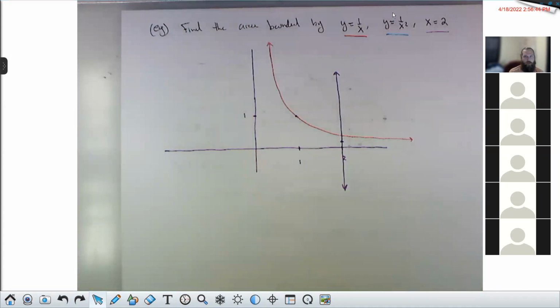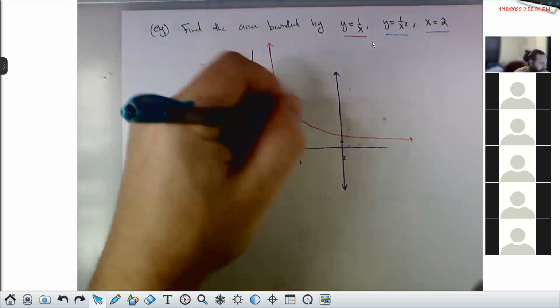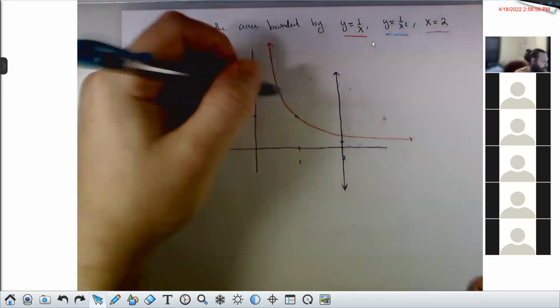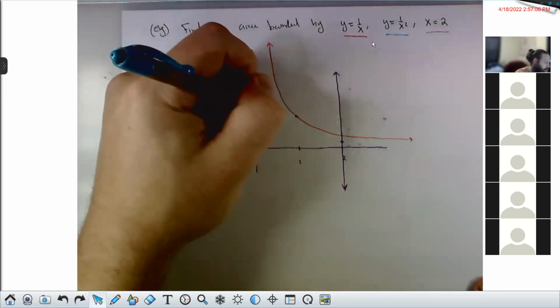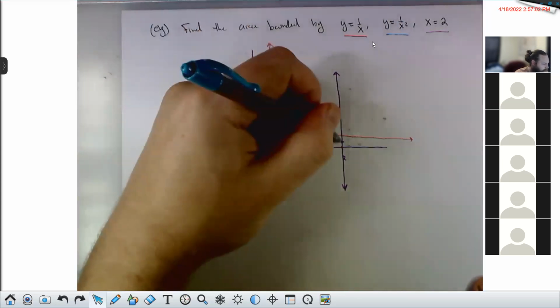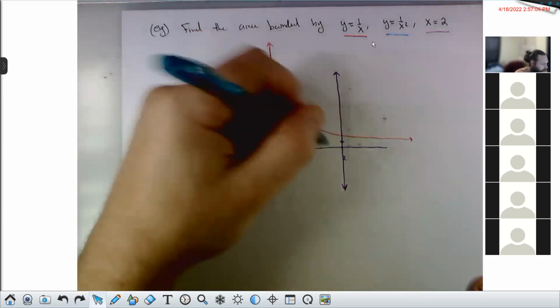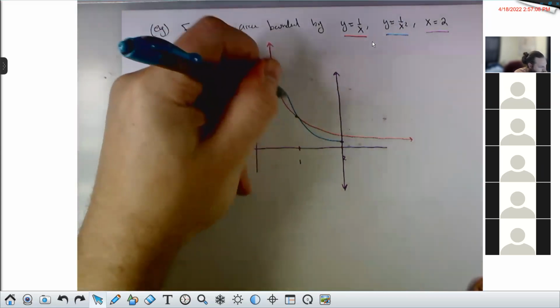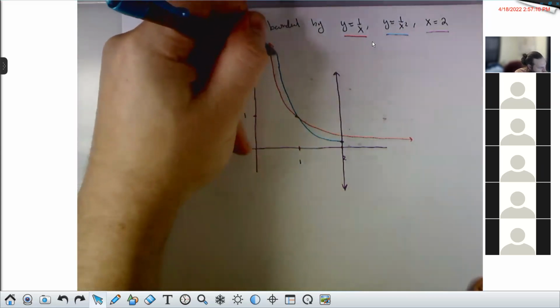Where is 1 over x squared going to be when x is equal to 1? What do I get if I plug 1 in here? Still 1. So these guys have the shared intersection point of 1, 1. But then 1 over x squared is smaller here. So what we're looking at is something like this.